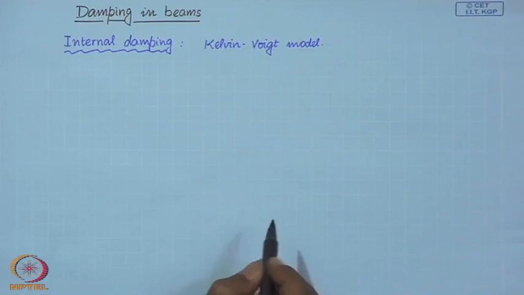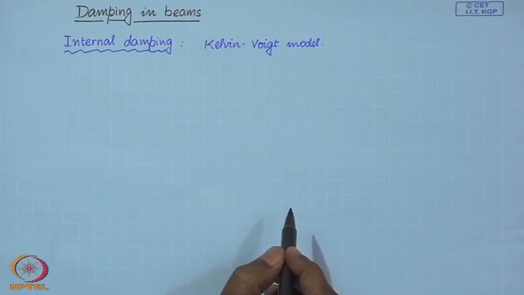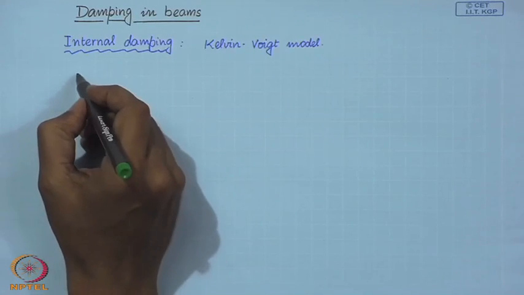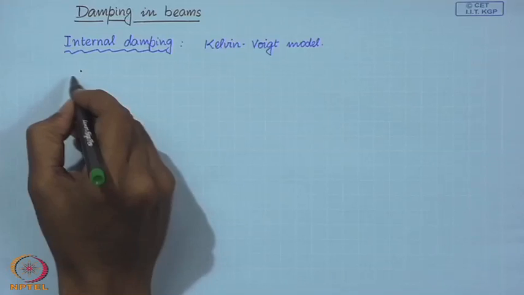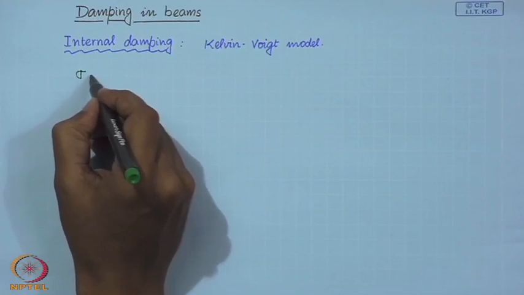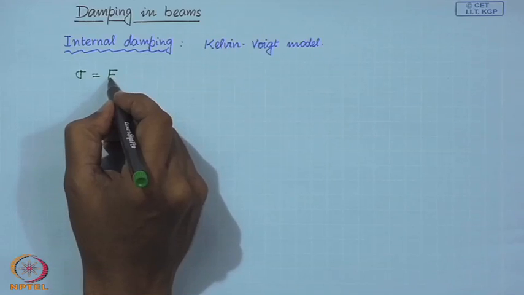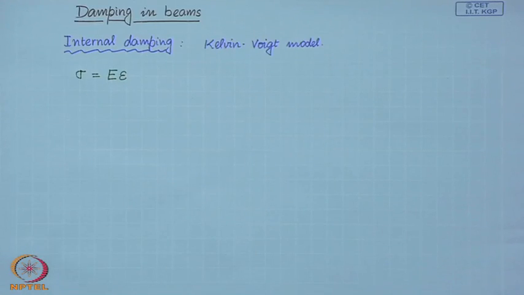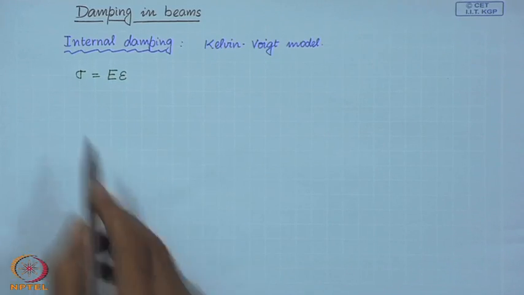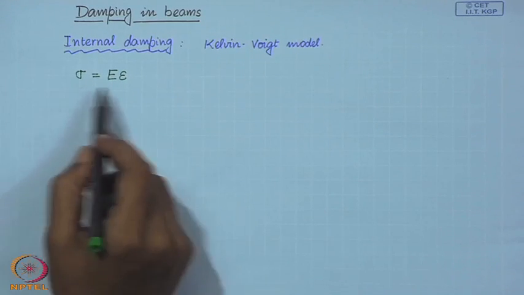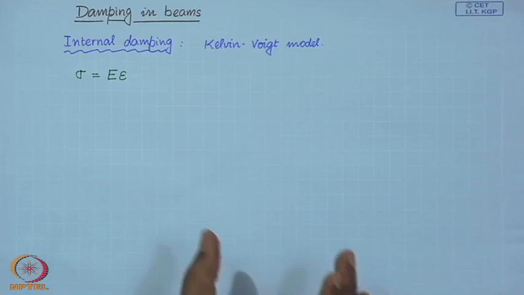In order to implement this model, we modify the constitutive relation of the material. We know for our beam model we have used Hooke's law, given by the stress equals the Young's modulus times the axial strain. So, this was the axial stress in the fibers of the beam.